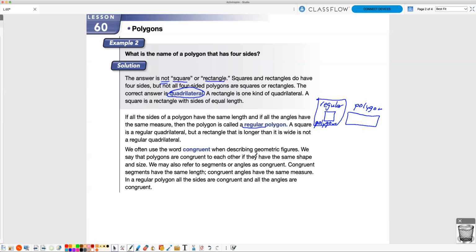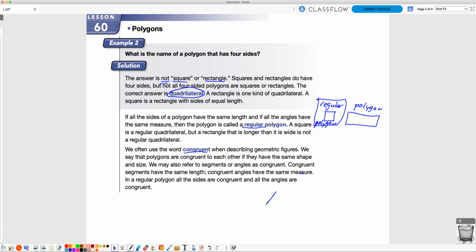We often use the word congruent when describing geometric figures. We say that polygons are congruent to each other if they have the same shape and size. We may also refer to the segments or angles as congruent. Congruent segments have the same length. Congruent angles have the same measure. In a regular polygon, all the sides are congruent and all the angles are congruent.